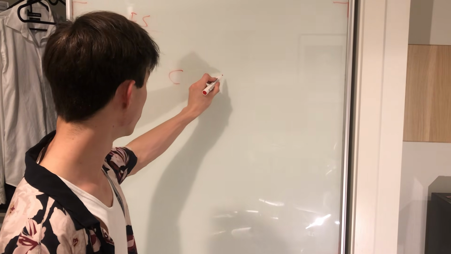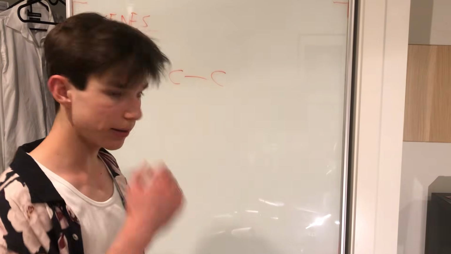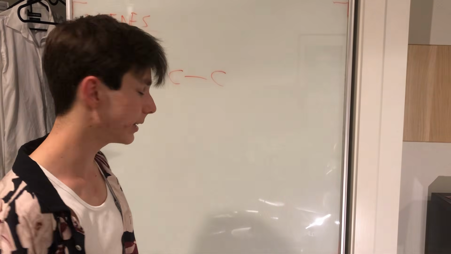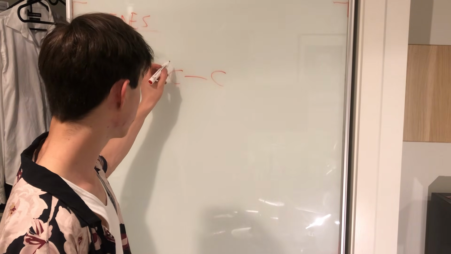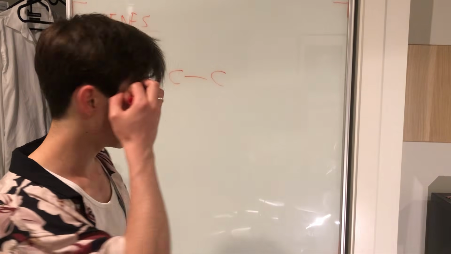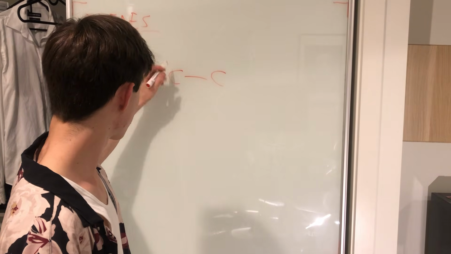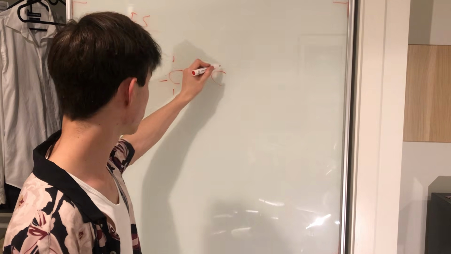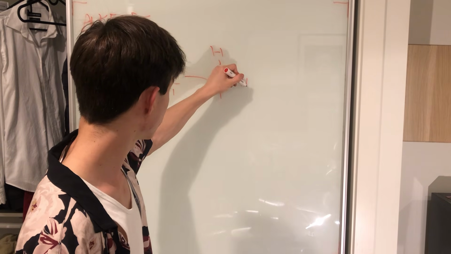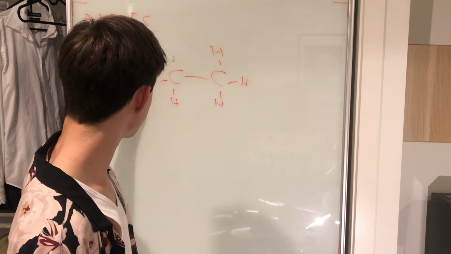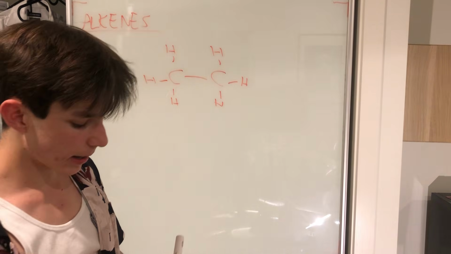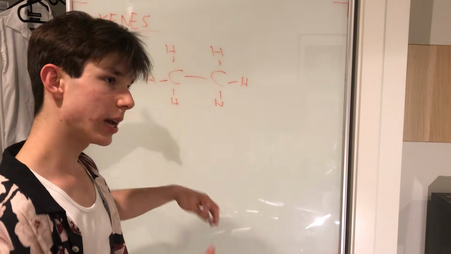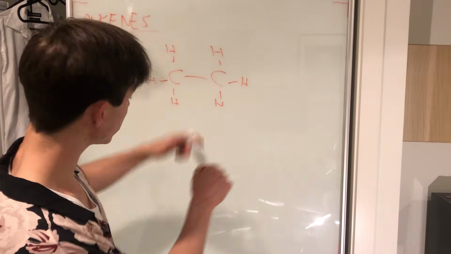So let's just draw ethane. Single bond. Alkane, ethane, single bond. And you've got CH3, CH3. I'll even draw those on. Now just to really simplify this and ask what's actually happening here.